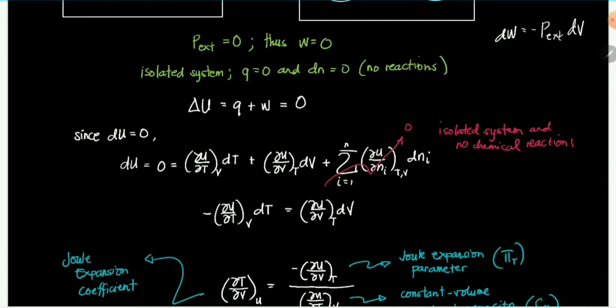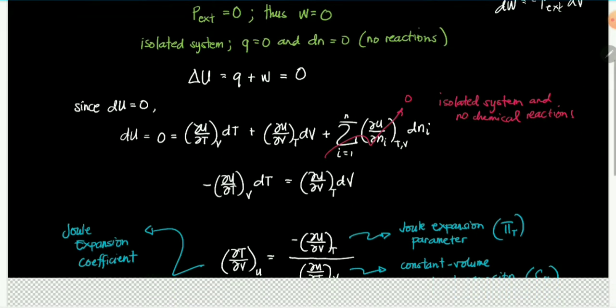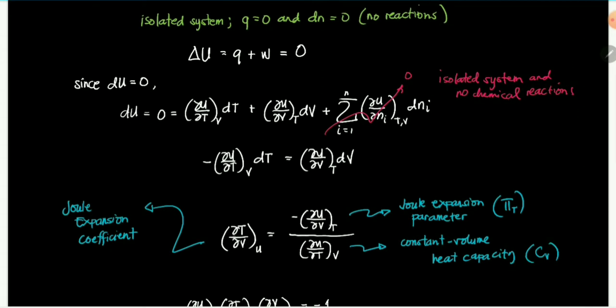Since this is equated to 0, makikita natin na ito yung magiging result. Okay, we can divide both sides by dV so that we can determine the change in temperature with respect to the volume at constant internal energy. So it is equal to the ratio of the negative of the derivative of U with respect to the volume at constant temperature, or the Joule expansion parameter pi T, over the derivative of U with respect to temperature at constant volume, or the constant volume heat capacity CV.